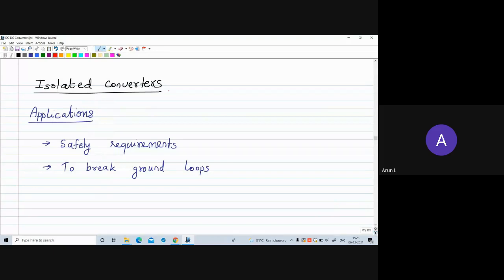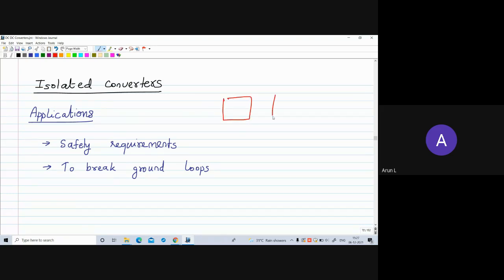Isolated converters are usually used when safety requirements impose restrictions. There are some safety requirements, like you need to provide galvanic isolation between input and output, imposed by the authority. In such situations, isolated converters can be used. Another advantage of isolated converters is that you have separate grounds.